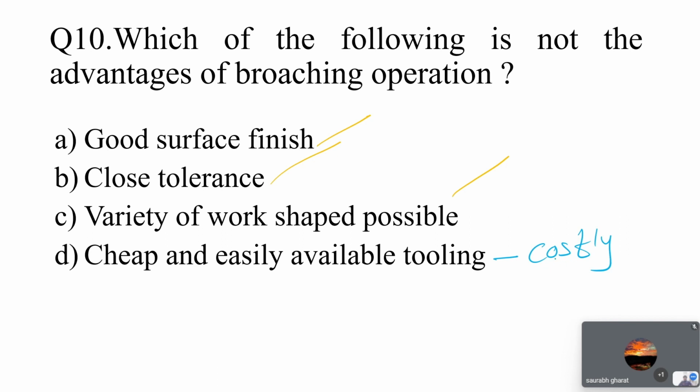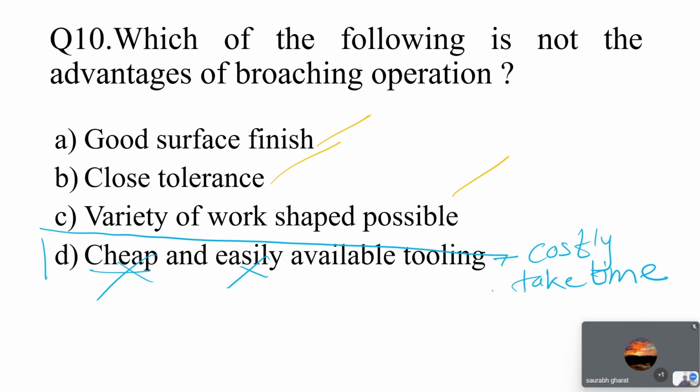So cheap and easily available is wrong. It's too costly and takes time. So this will be your answer, because what we have asked here is which is not the advantage of broaching tool. This is not an advantage of broaching tool.